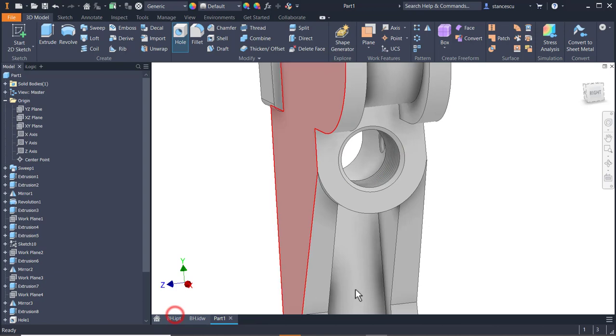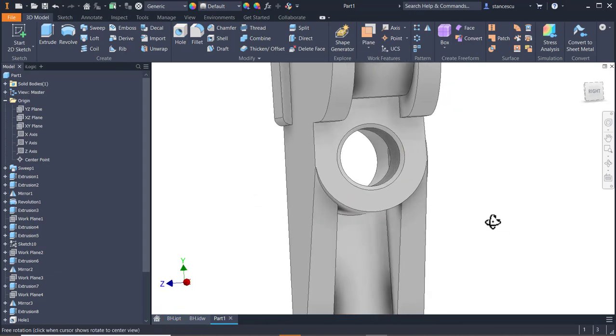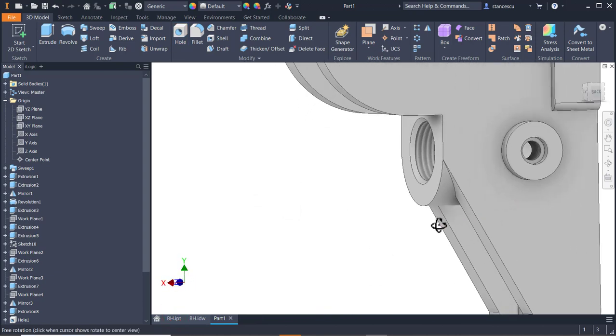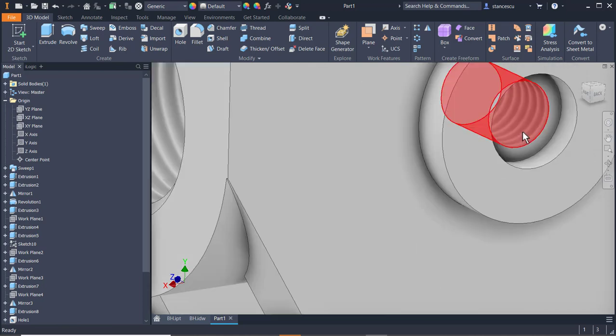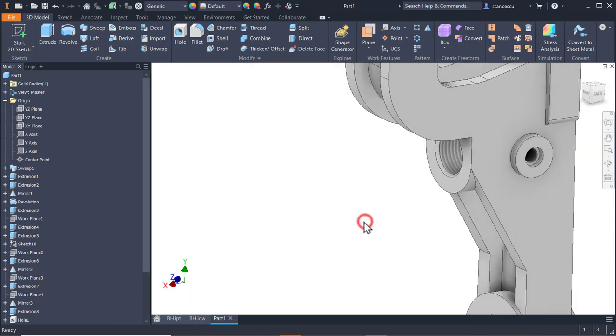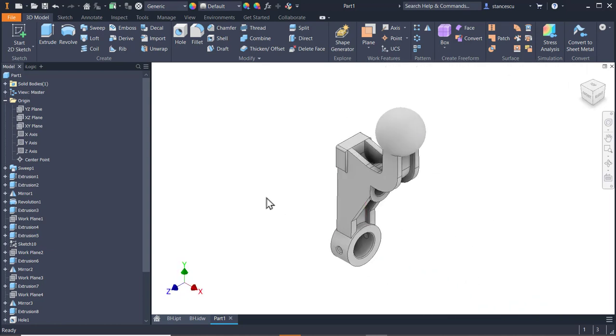Okay. You see how it looks. Metric 6 and the other dimensions. Good.